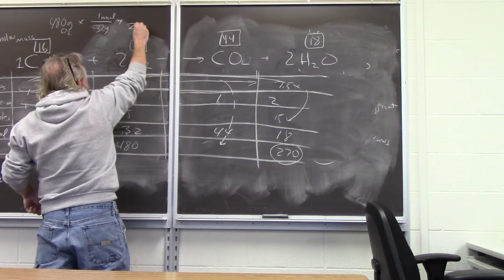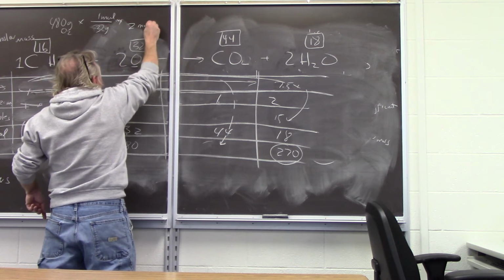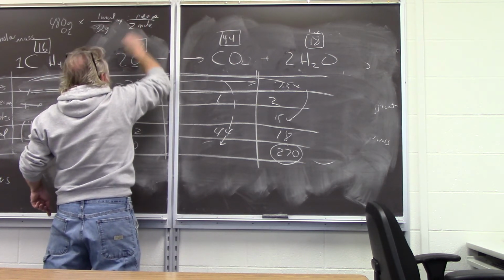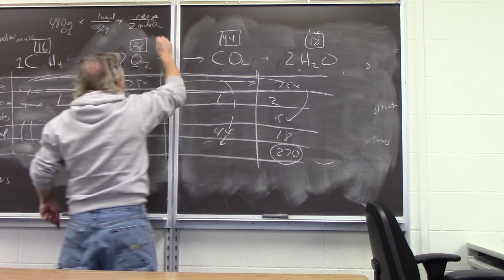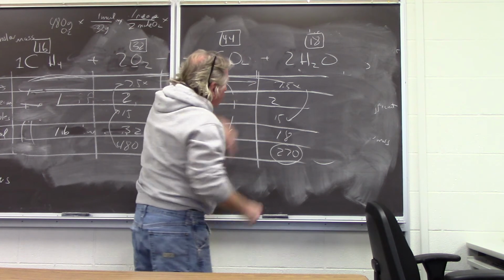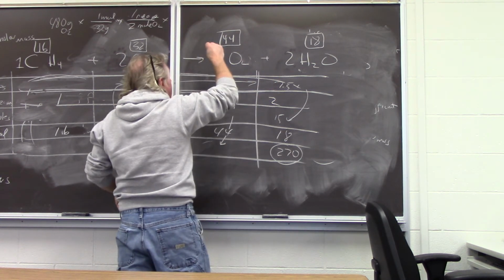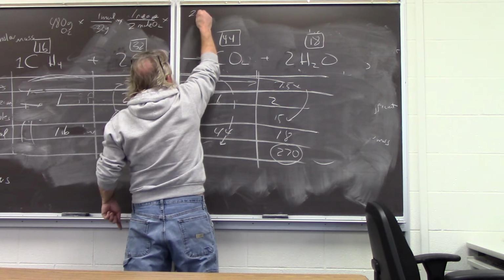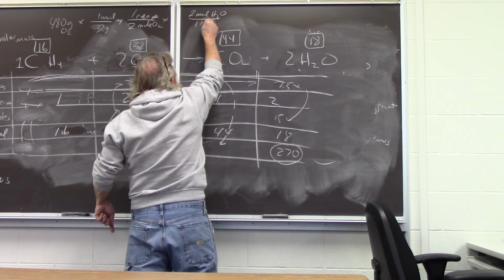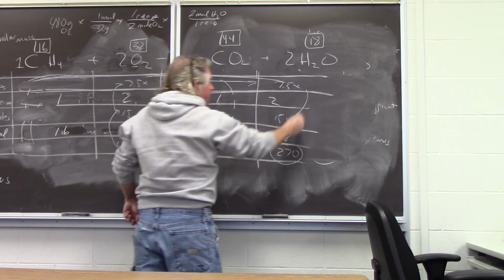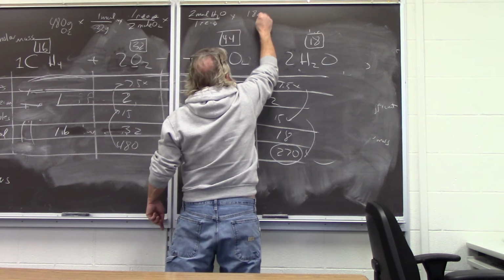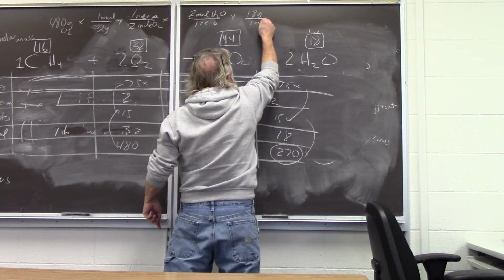So I'm going to flip it, O2, and then I bring it over here, and this is my operation, so I'm going down, so it's 2 moles of water for 1 recipe, and then I'm doing 18 grams for 1 mole of water.